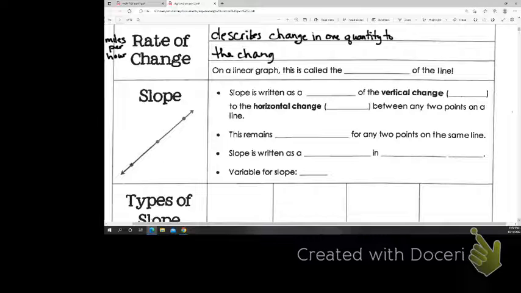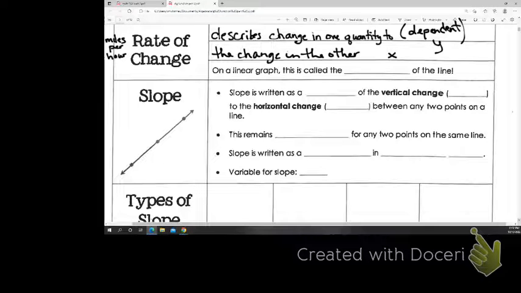And typically, when I say one and the other, the one is first the y, or the change in the dependent variable, the y, or the output, compared to the change in the x.